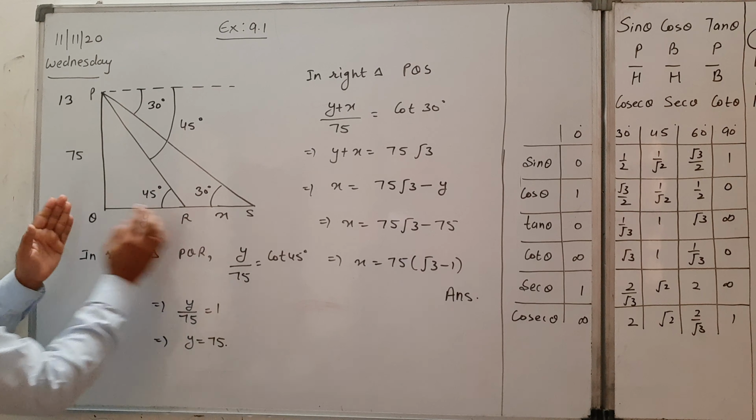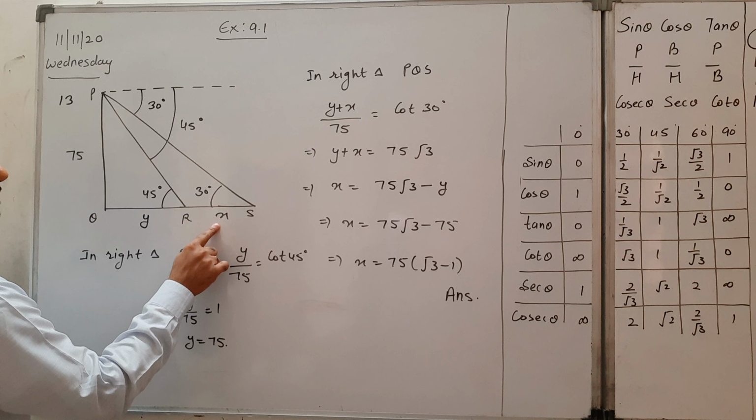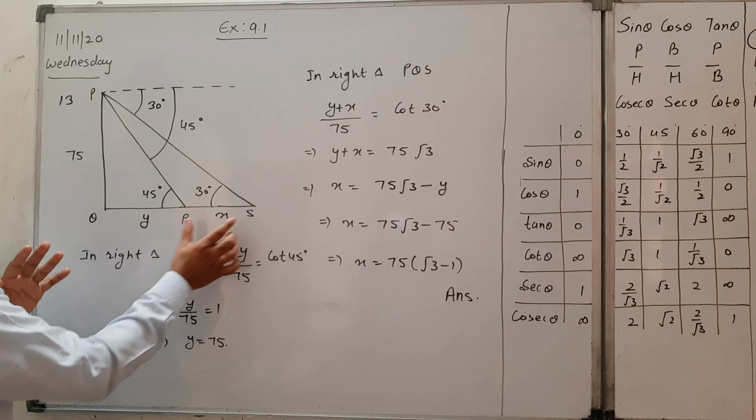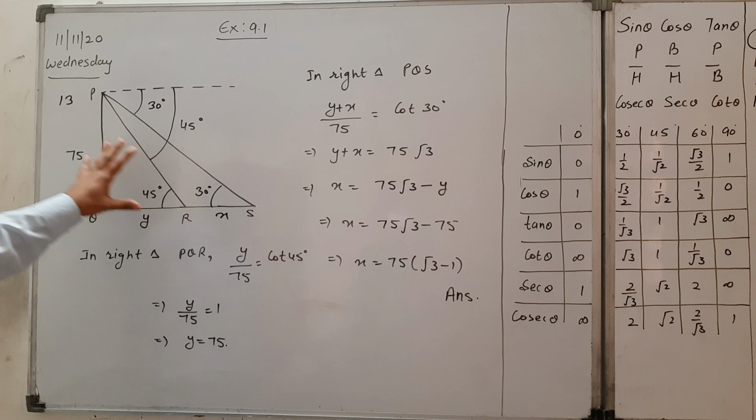So we want to find the distance between the two ships. It means we want to find the value of x here. So firstly we will write RS is x, QR is y, and the height of the lighthouse is this, and then we mention the angles of depression and the angles of elevation we get, 45 and 30 degrees.